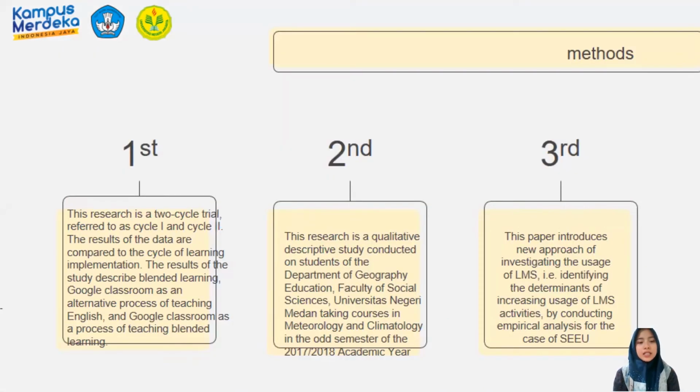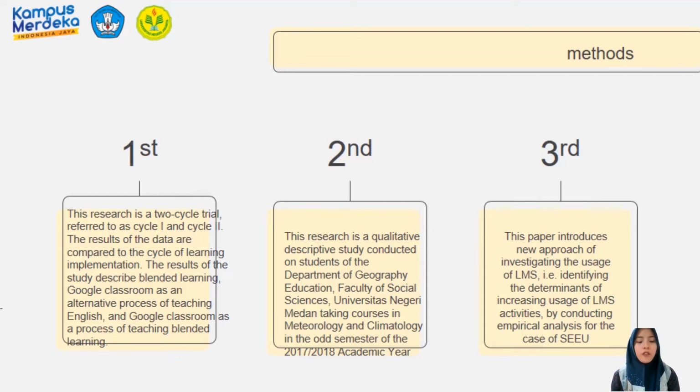And then the methods in each article, I make it different, because the articles have different methods, so I make this point for each article. The first one is research in a 2-cycle trial, referred to as cycle 1 and cycle 2.